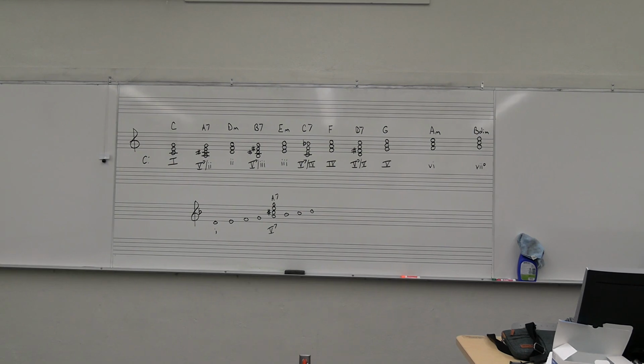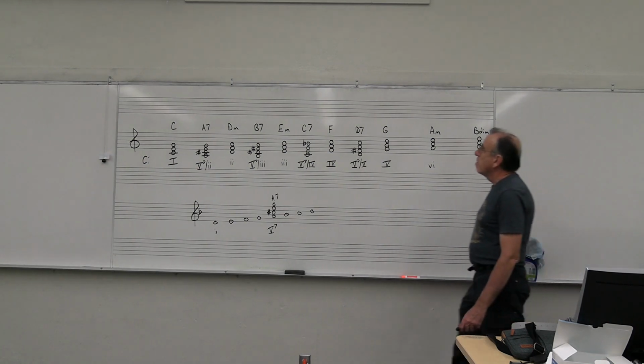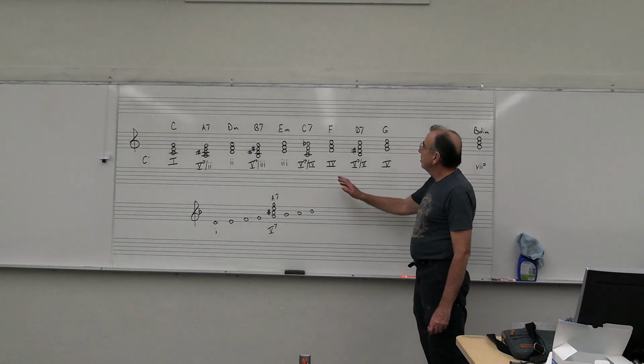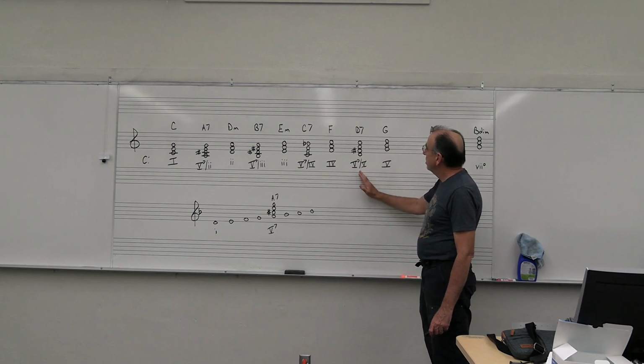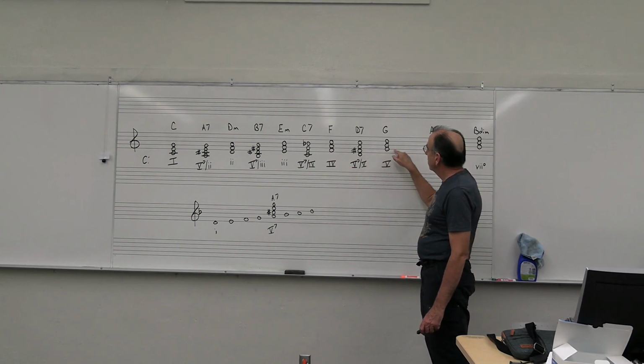So if I'm in the key of C and I hear C, but then I hear B flat, that's automatically outside of the key, and that's going to take me on to the F chord, to the next one. And then we already did this one, the D7, so that's the D7 to the G.